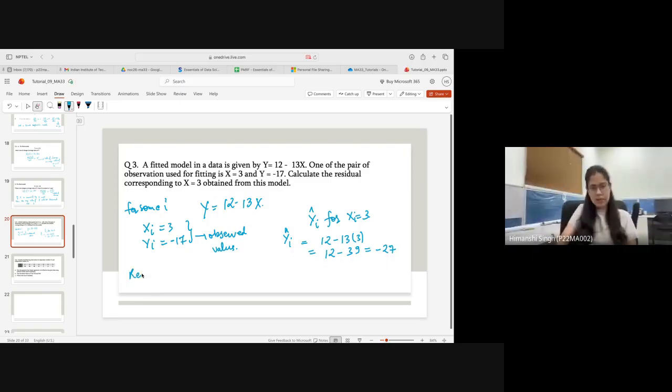So what is the residual? Residual is yi minus yi hat. So that is minus 17 minus minus 27, which is 17 plus 27... okay, so it will be 10.